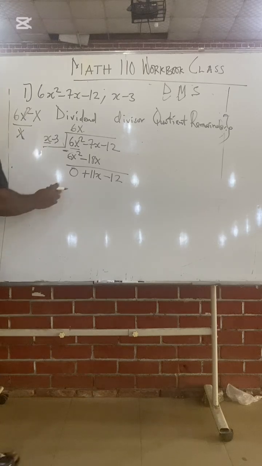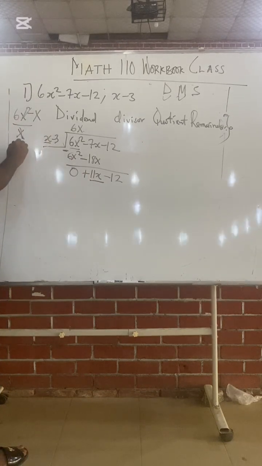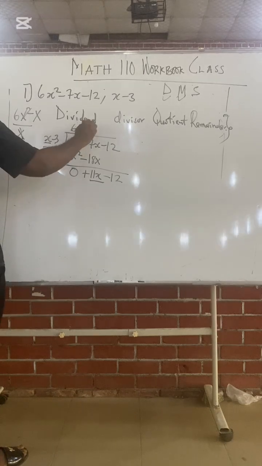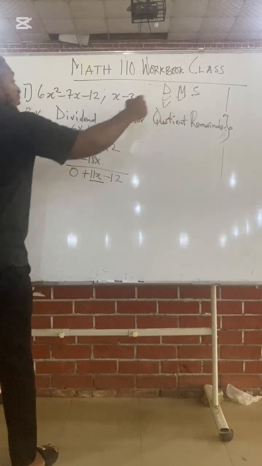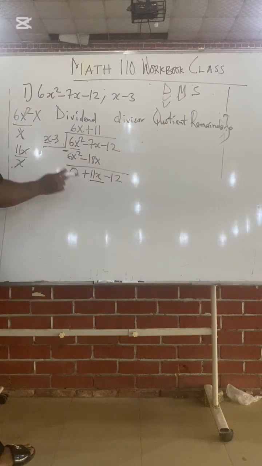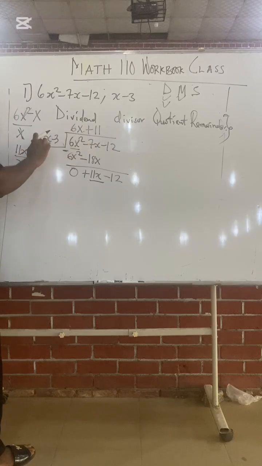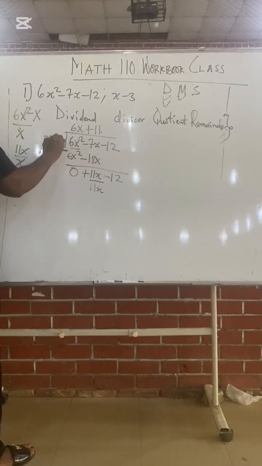Go again, divide again. When dividing, it's only this first term divided by this first term. 11x divided by x, x cancels, what's left is 11. You have divided. What's the next thing you do? Multiply. When dividing, only this term divides this term, right? When multiplying, this 11 will multiply everybody: 11 times x, 11 times minus 3.